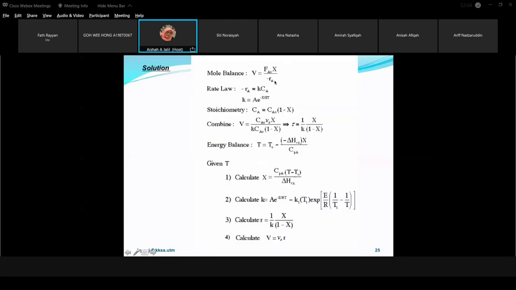This is the CSTR. Then you combine, you get the tau. Then this time you want to calculate the X and T. So this one you can get the K like this from Arrhenius, and then this tau is similar. Just change the T and the X.